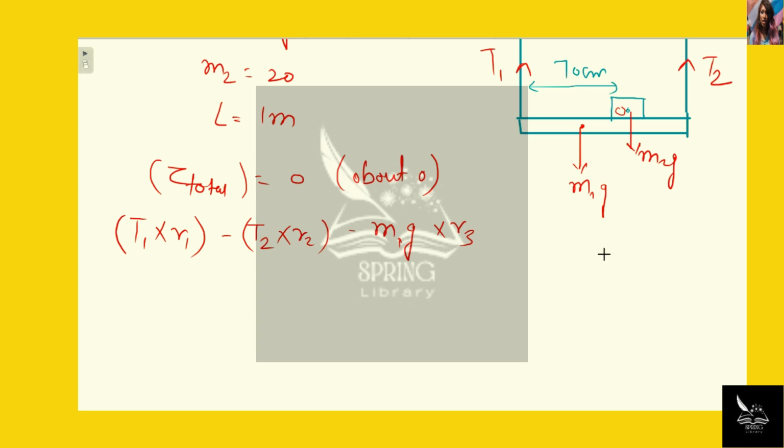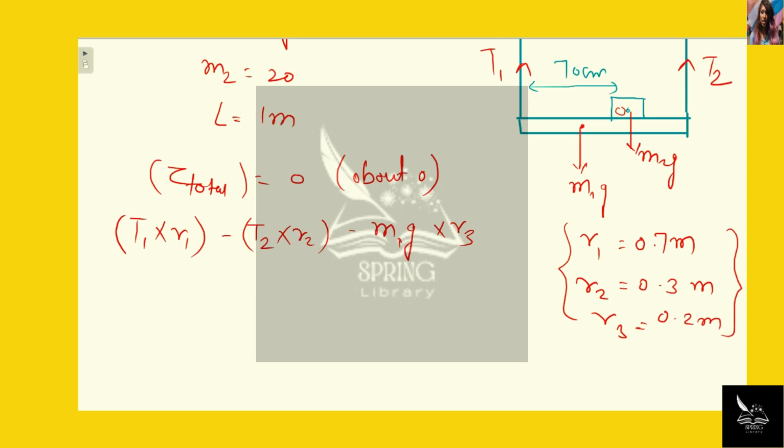R1, R2 and R3 are the distances of these forces from this point, that is O. So R1 is 0.7 meter, R2 is 0.3 meter, and R3 is 0.2 meter.